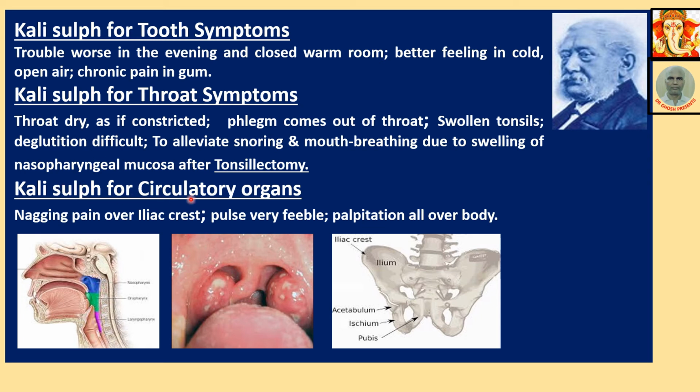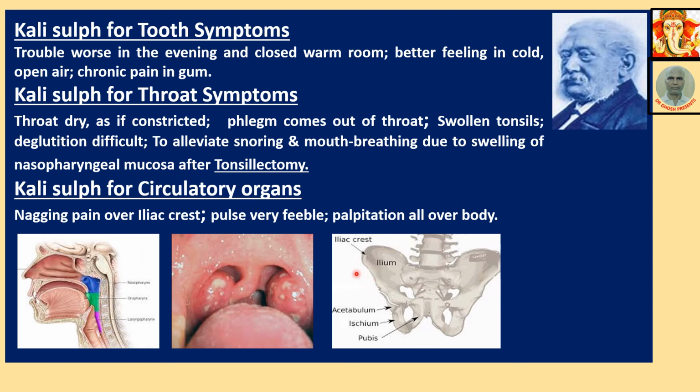Kalisalp for circulatory organs: nagging pain over the iliac crest. This is the iliac crest. There is a nagging pain on this crest. Pulse very feeble, palpitation all over body. This nagging pain over the iliac crest is a very troublesome symptom, and this is actually the third stage of inflammation.